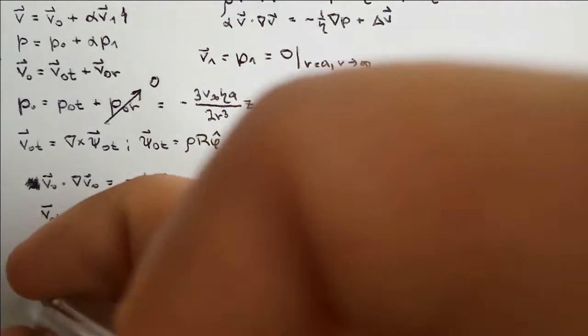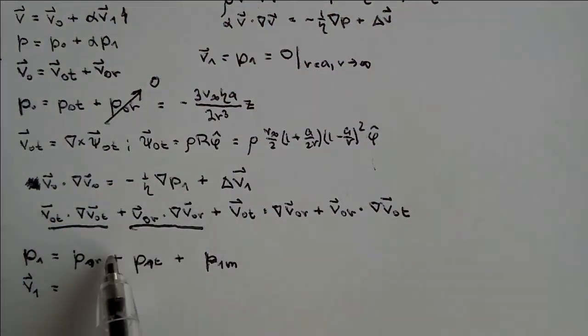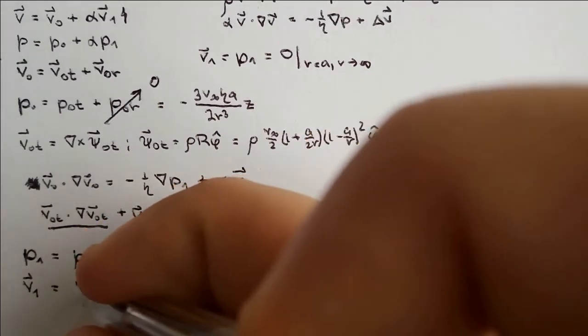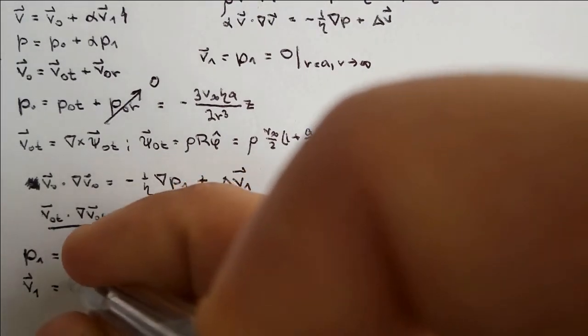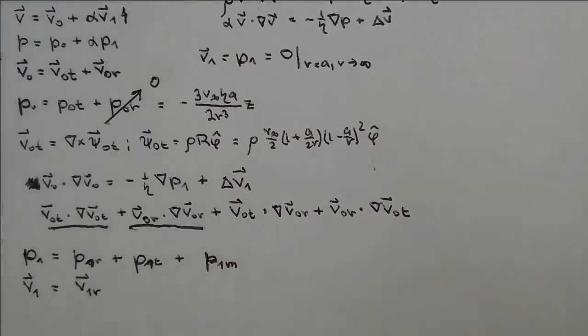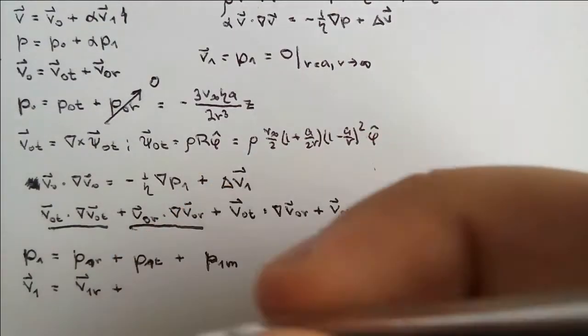And again, for the velocity field 1, on the right hand side, I can write velocity 1r, which is the solution for the excited rotational part from the previous videos.